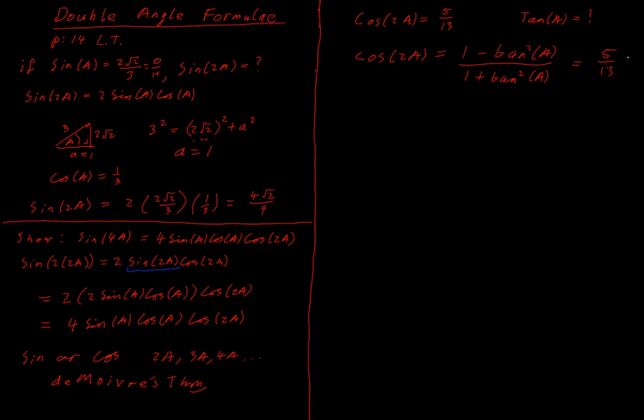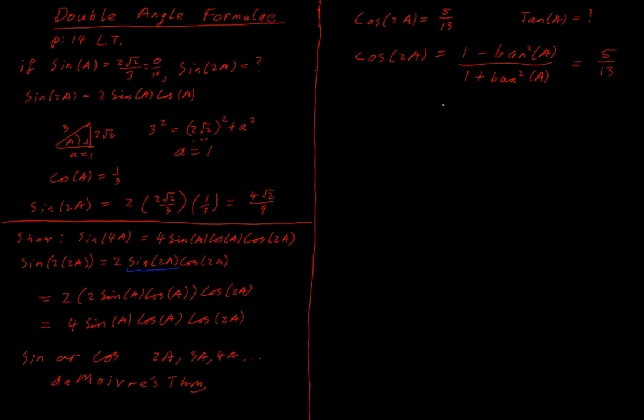So I now have an equation that only involves tan a's, so I'm going to be able to solve to find the values of tan a. This effectively just becomes a quadratic problem, even though the term that is squared looks an awful lot more complicated. This effectively will just behave like an x. You could rewrite this as a substitution: 1 minus x squared all over 1 plus x squared is equal to 5 all over 13, and solve for x. And if you're more comfortable with that, there's no problem with doing that.